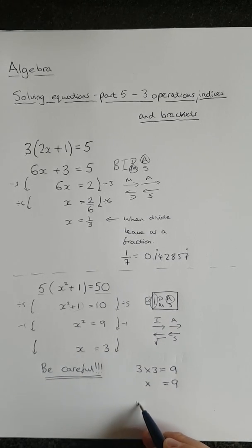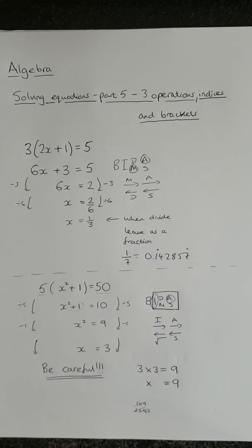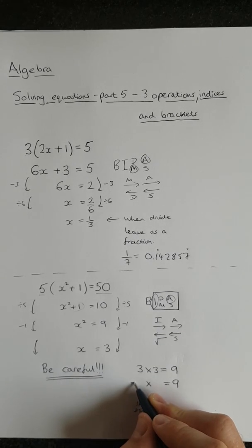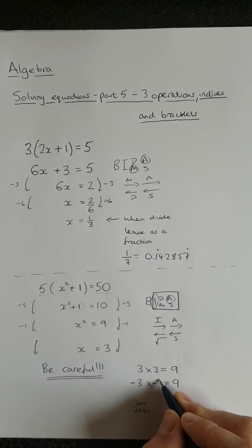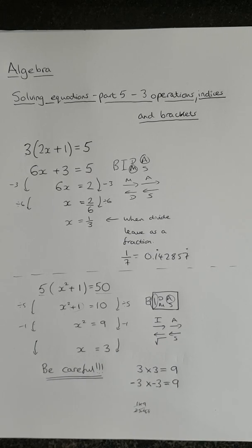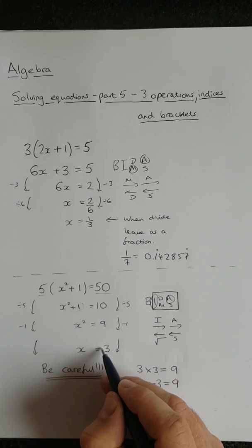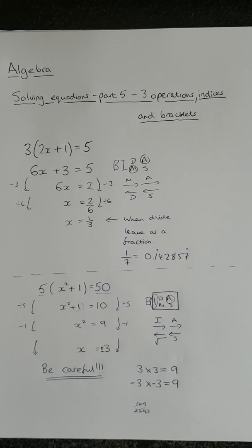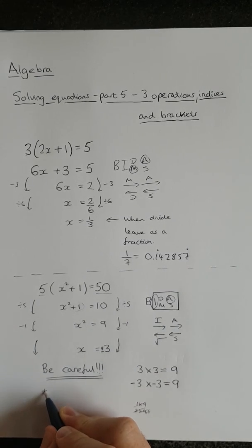You might want to say 9 times 1 or 2 times 4.5. Those are good ideas. Did anyone say minus 3 times minus 3? If you did, well done. So actually, the answer here needs to be plus 3 and minus 3, which we write in that manner.